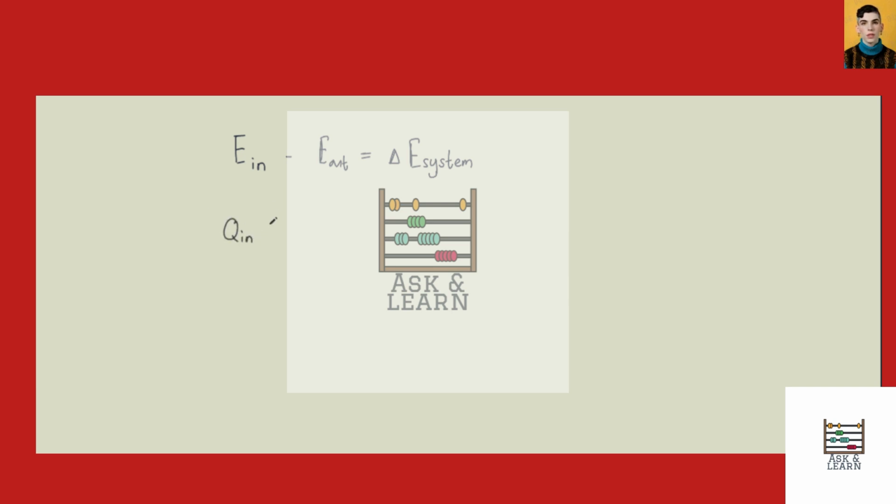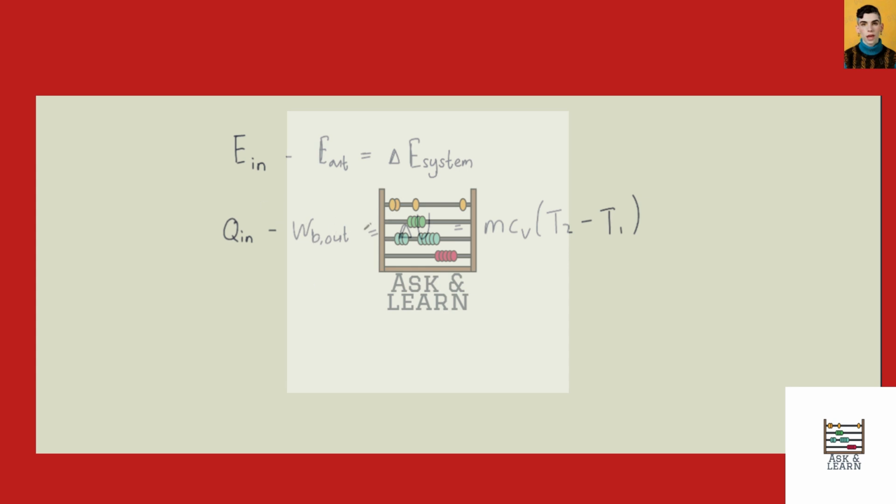So the heat transfer Q in minus the energy out, which is the work done at the boundary, the boundary work, is equal to the change in internal energy, delta U. And delta U can be written as the mass of air times the specific heat times the change in temperature, T2 minus T1.